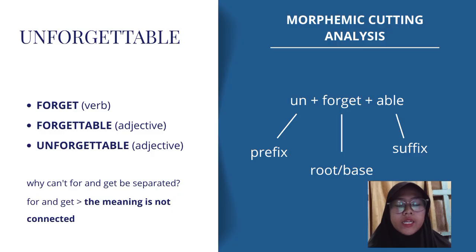This is because "for" and "get" don't create a meaningful or connected idea when separated in this context. Even though they may exist as individual words, they don't form a coherent meaning when combined in this way. Therefore, forget must remain as one unit to avoid misunderstanding.